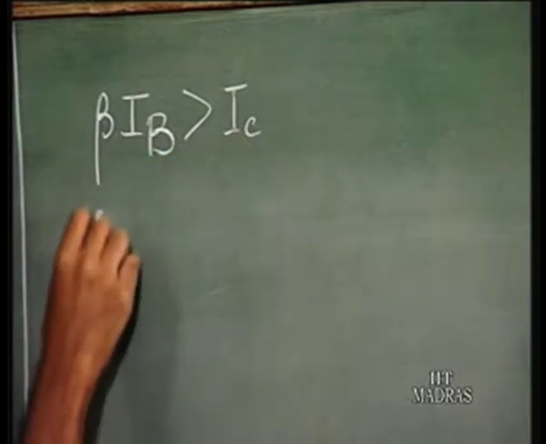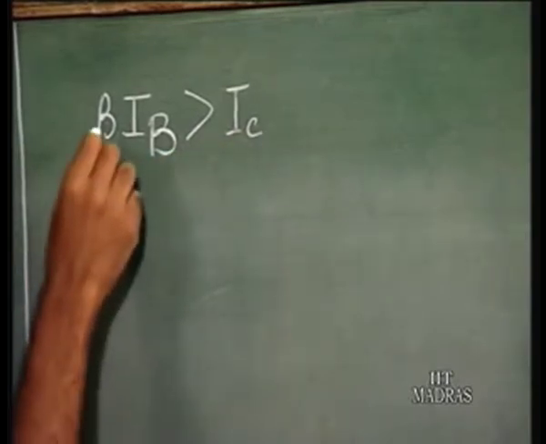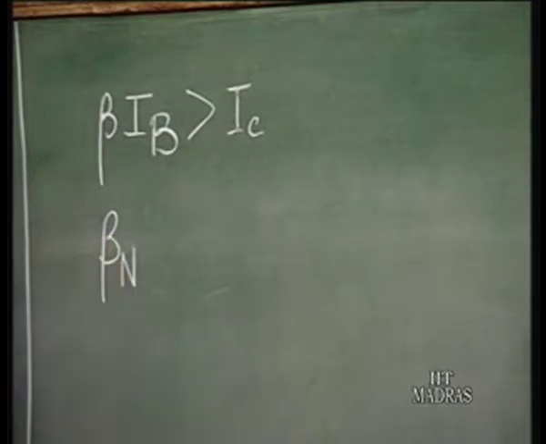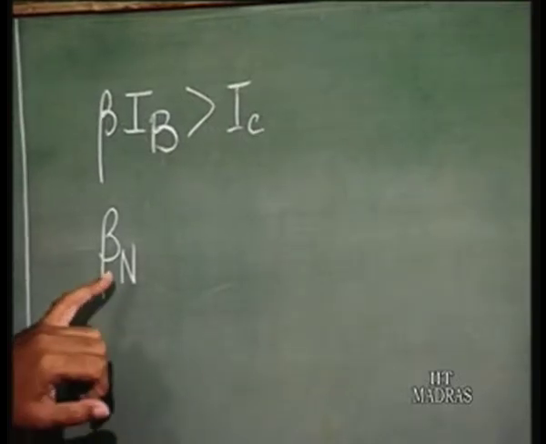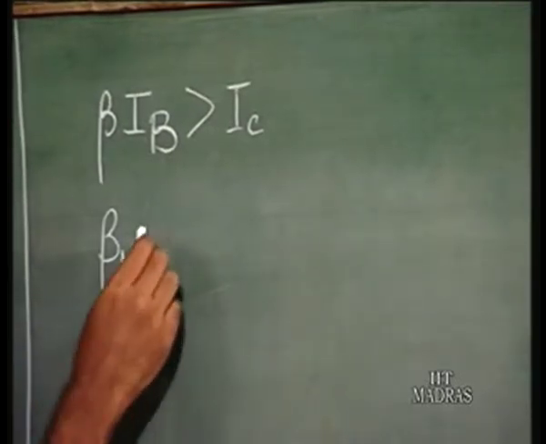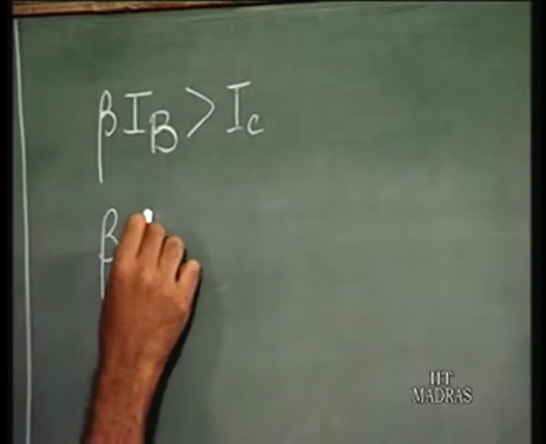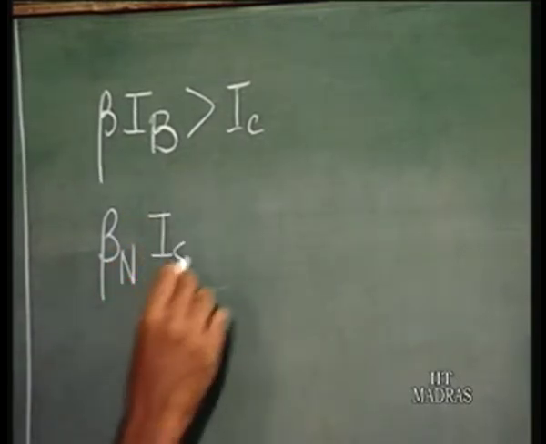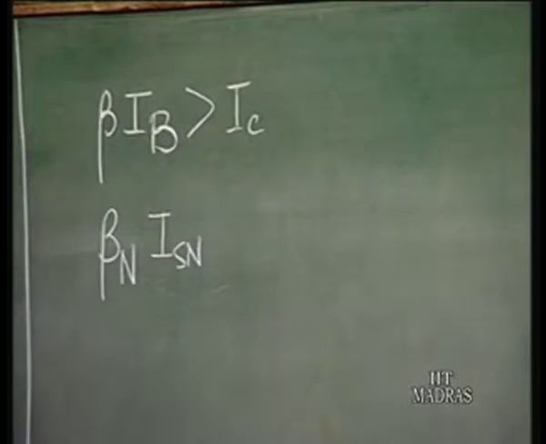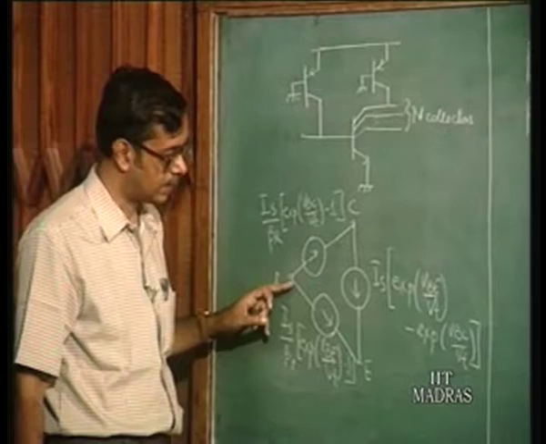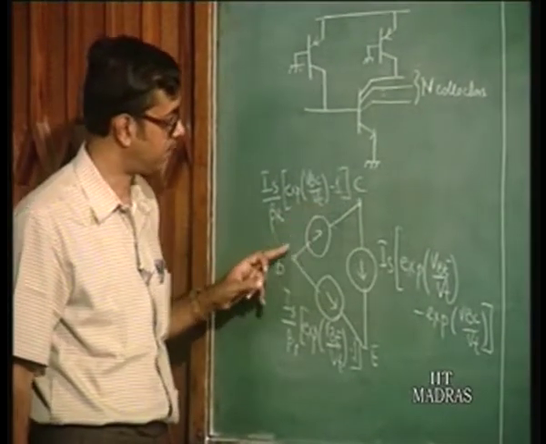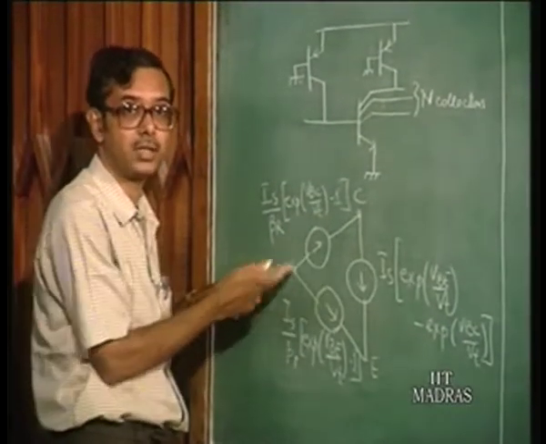The total base current is going to be, so this is beta, I write n here to differentiate between the beta of the forward and the reverse, beta n ISN. So the base current of the NPN transistor, if we go back again to this model, is given by the sum of these two current sources.